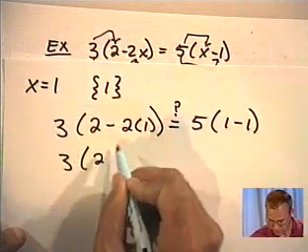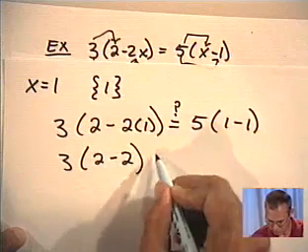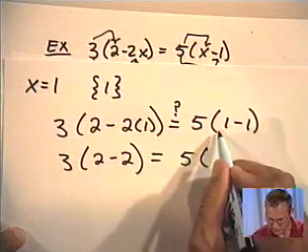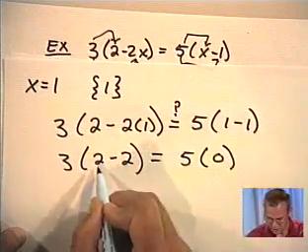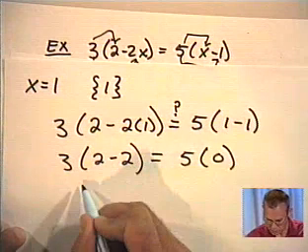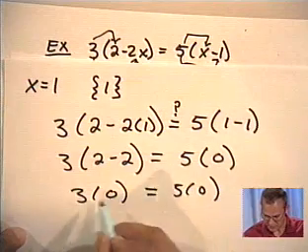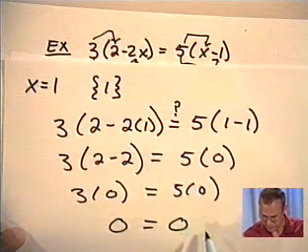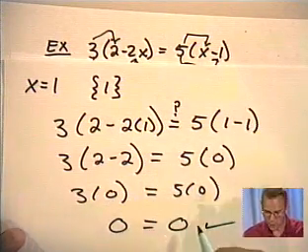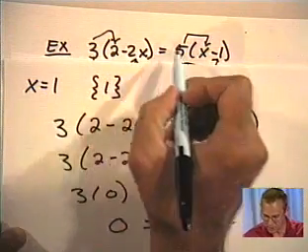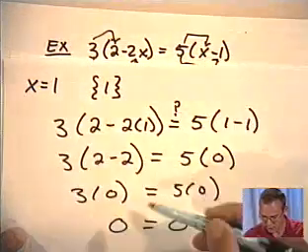This is 2, multiply is minus 2. And I'll fix this parenthesis. 2 minus, and 3 times 0 is 0, which checks out. So we plugged our x back into the original equation, and we got an equality.